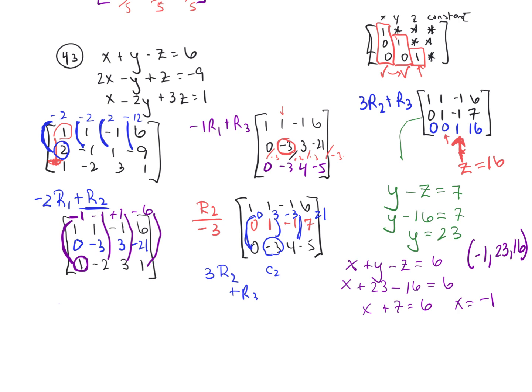If I take my answers, negative 1, 23, 16, and put them in my third equation down here, I'll have negative 1 minus 2 times 23 plus 3 times 16. Let's see what happens. I'll have negative 1 minus 46 plus 48 equals positive 1.